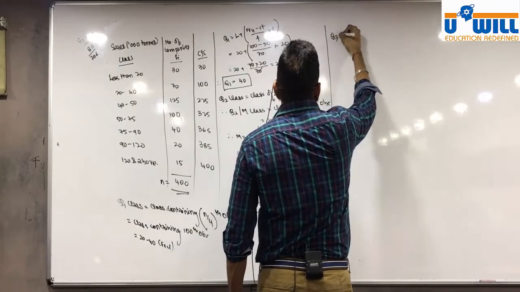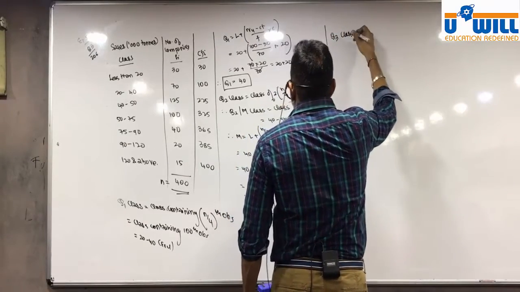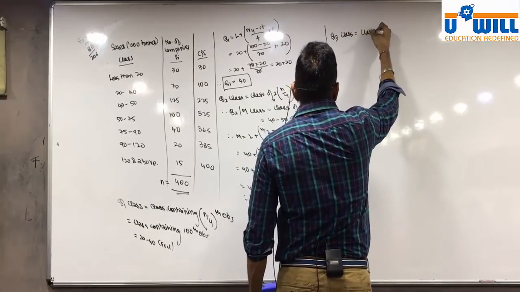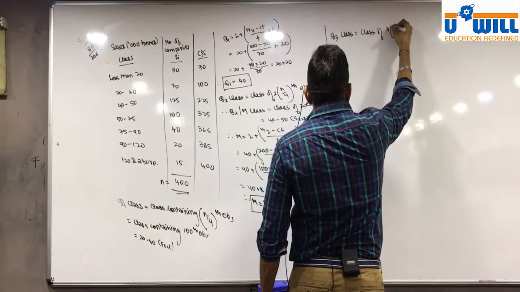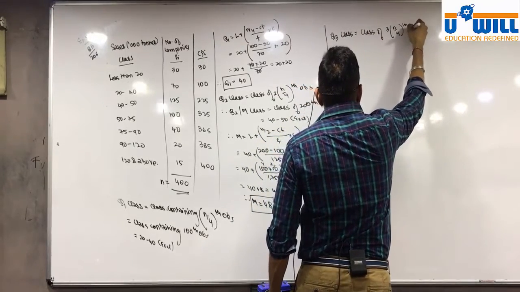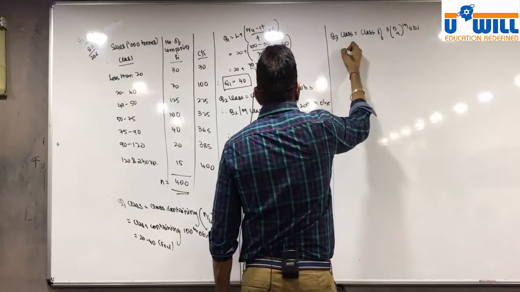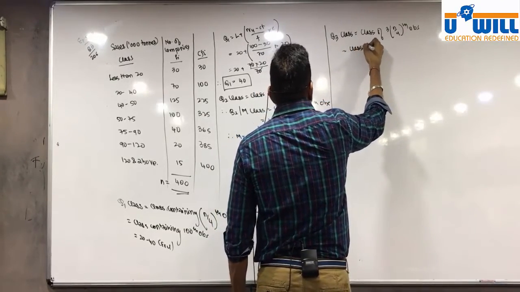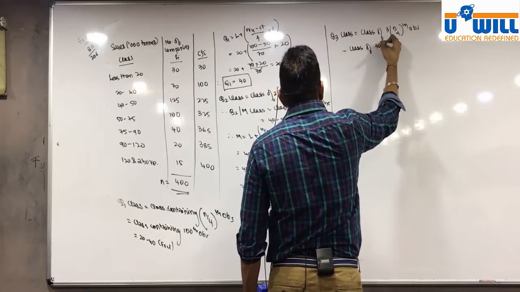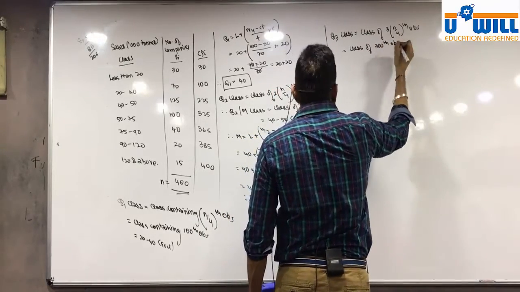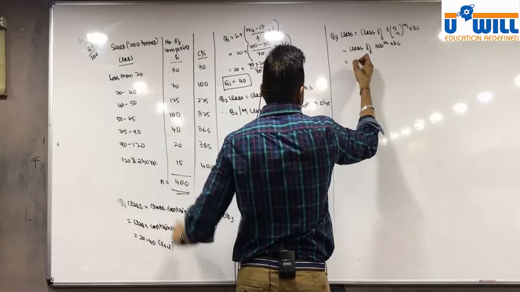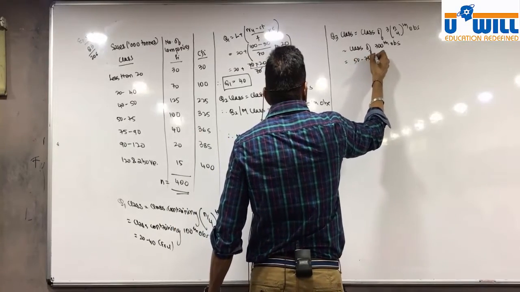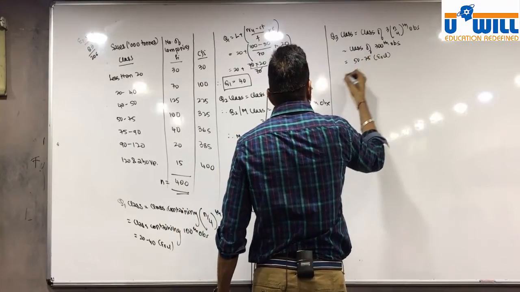Q3 class is equal to class of 3n by 4th observation, which is equal to class of 300th observation, which is equal to 50 to 75 exclusive.